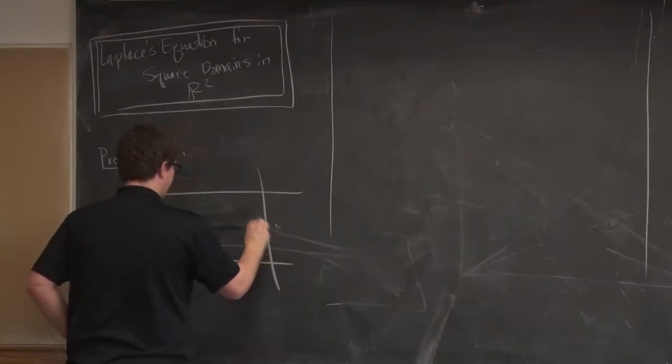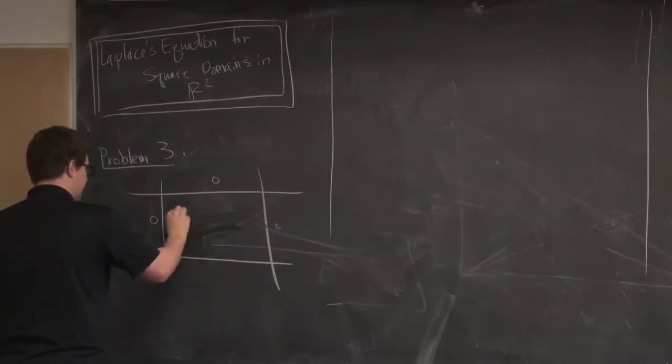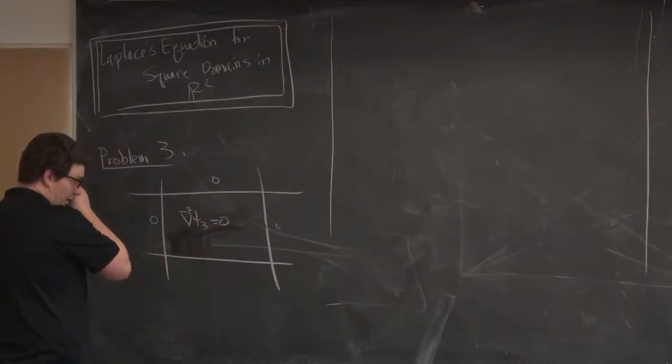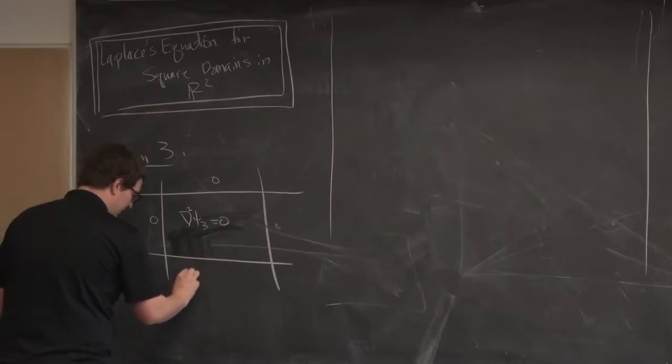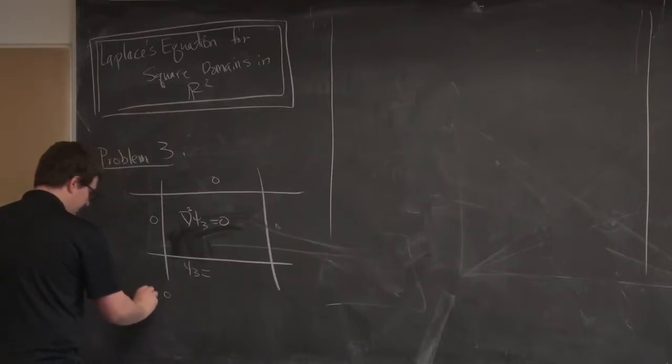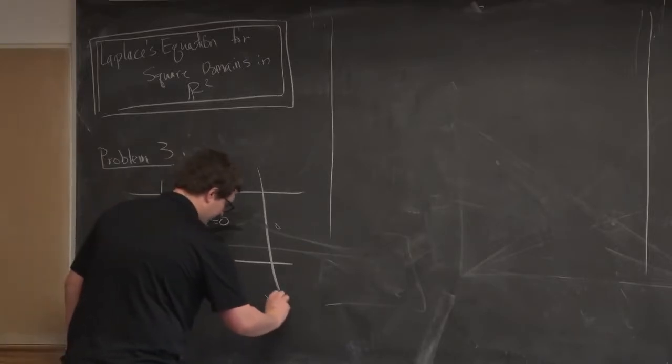It had 0 boundary data here, inside the interior this was 0, and the Laplacian is 0 here. So here's x equal to 0, and here's x equal to pi.